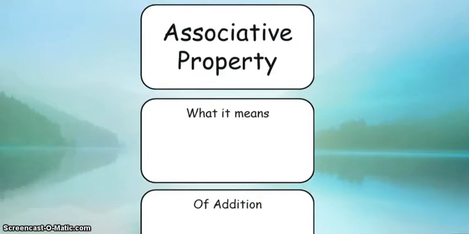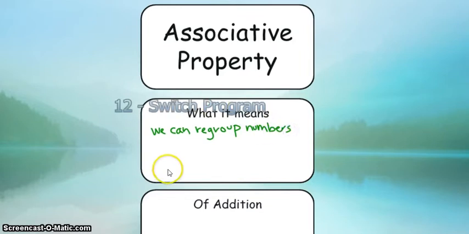Going on to the associative property. The associative property means we can regroup numbers when we multiply and add, or when we add and multiply.